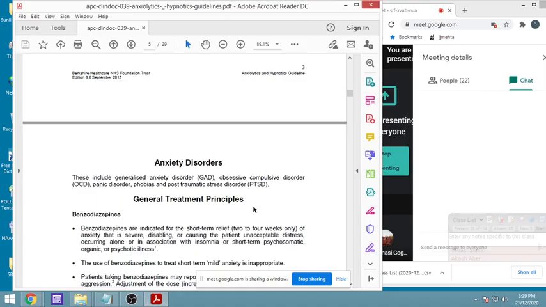Panic cases mean when the event is occurring, at that time all of a sudden the person starts having these signs. All of a sudden sweating starts, palpitation starts, then the normal thinking process goes off, and they try to escape, try to run away from the situation, and that is really a difficult situation.